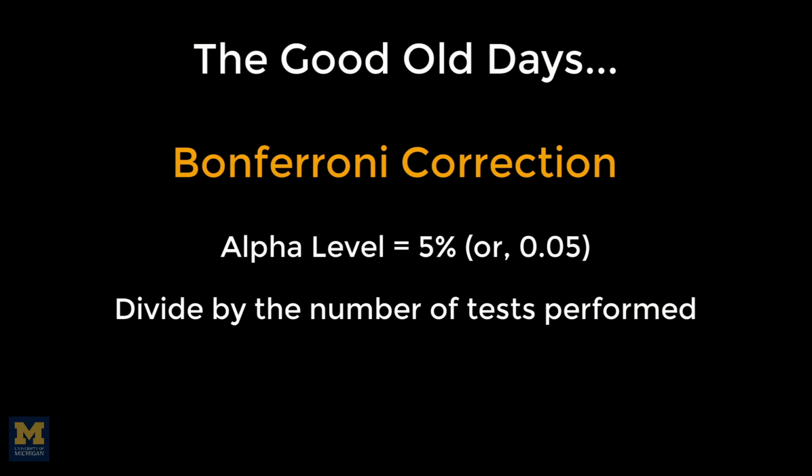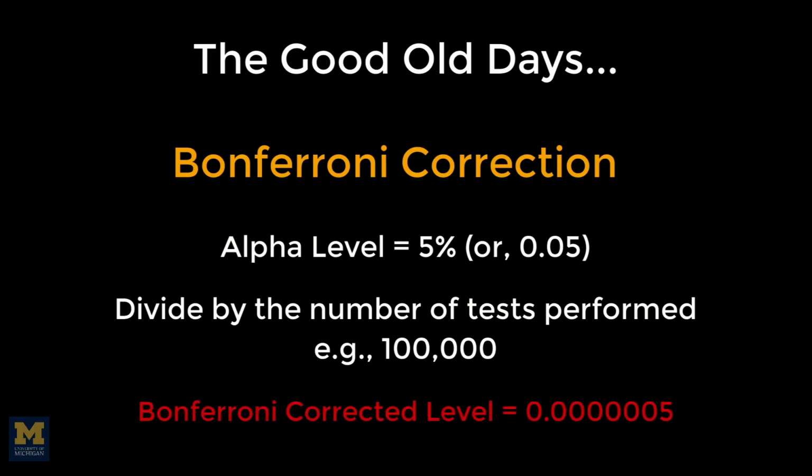For example, if your group-level contrast map contains 100,000 voxels and your alpha level is 0.05, an individual voxel will have to pass a significance threshold of 0.00000005 in order to be judged statistically significant.